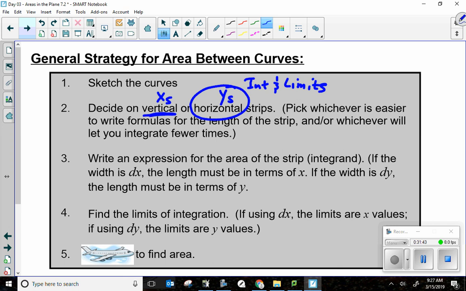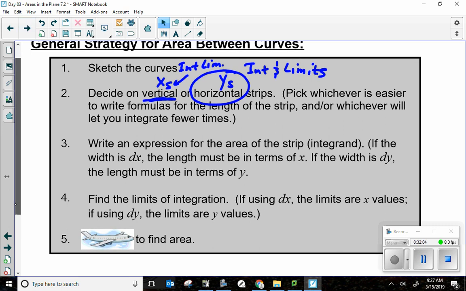If you're doing it vertically, then these should all be x's, your integrands and your limits. It's a simple step. I've reinforced it in 2, in 3, and once again in step 4. How come? Because people will change the equation without changing the limits, or vice versa. So make sure you do that.